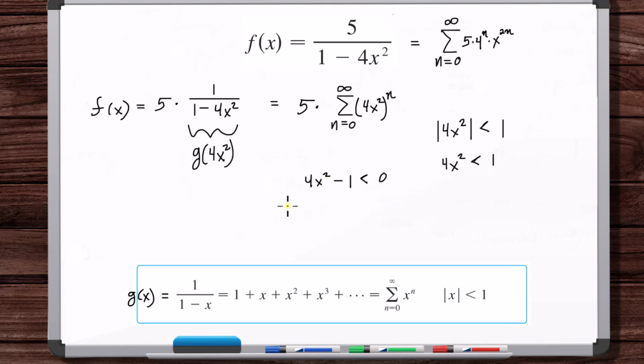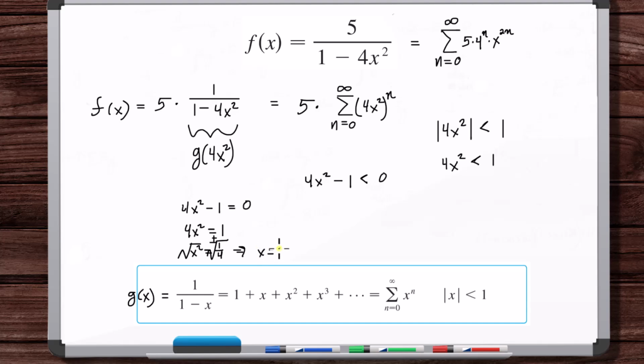So, okay, we would have 4x squared minus 1 is equal to 0. So we would go ahead and bring this back over here. x squared is equal to 1/4. Square root property.